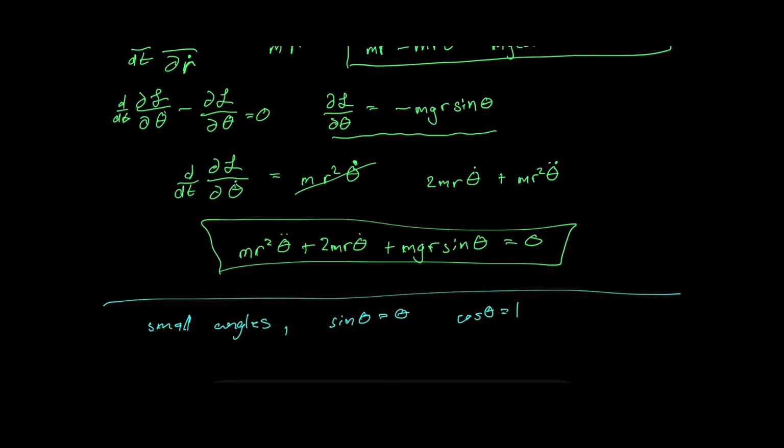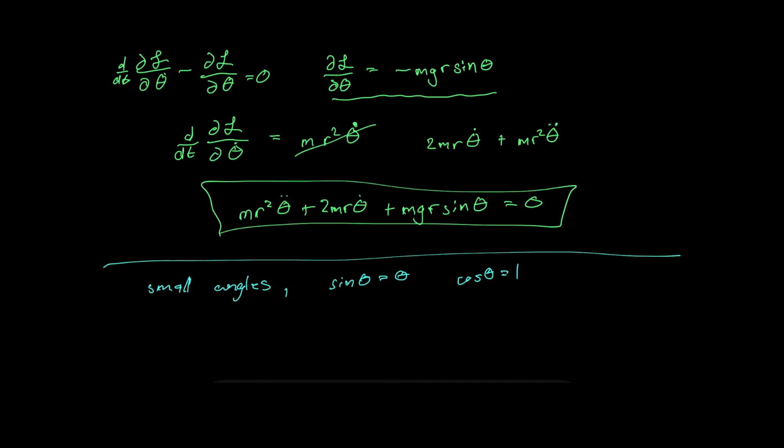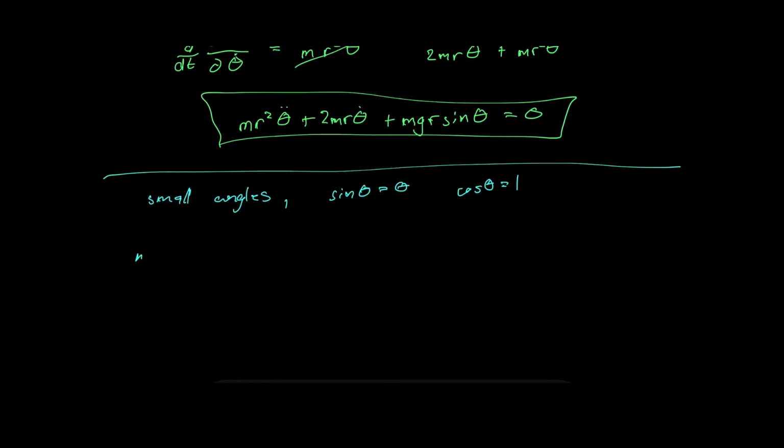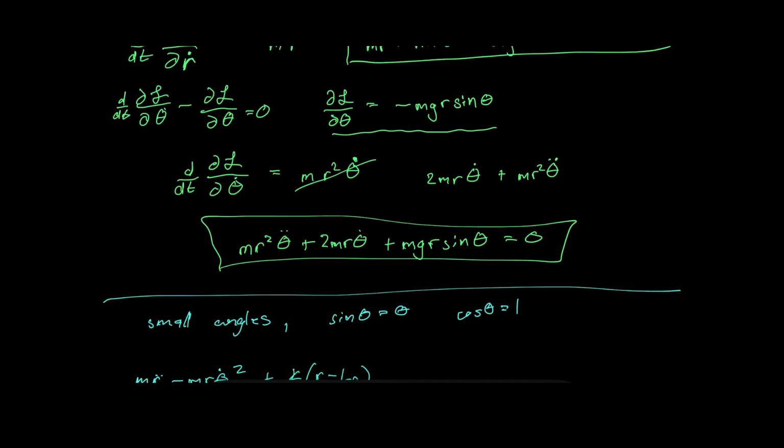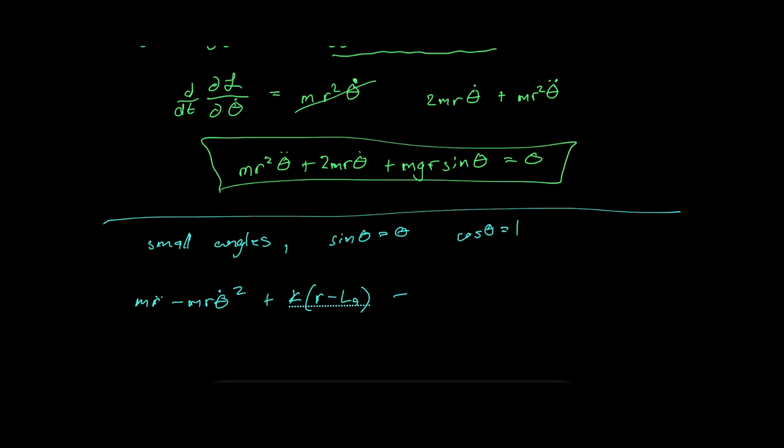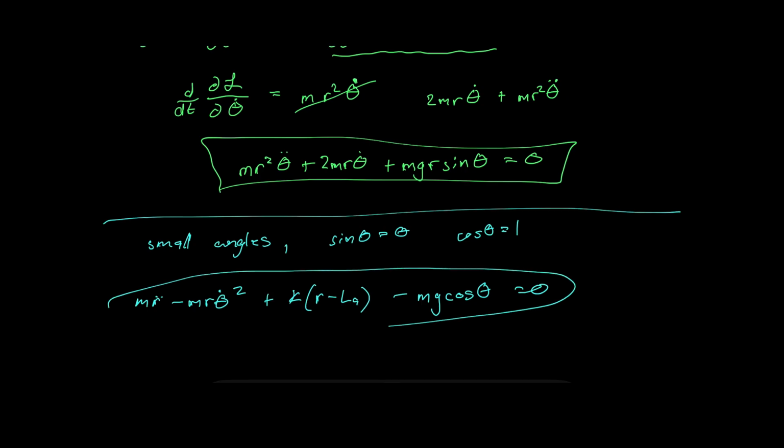And so we'll write our equations of motion again. So m r double dot minus m r theta dot squared plus k times r minus l a, minus m g cosine theta equals 0. Let's circle these because we're going to work with them.